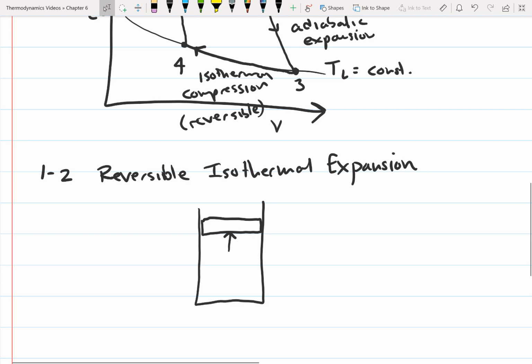And so there are a few things we need to consider. First of all, for this to be reversible, there has to be no friction. So there's no friction between the piston and cylinder, or between the mechanical components. But that's not the only thing that we need to consider for this to be reversible.